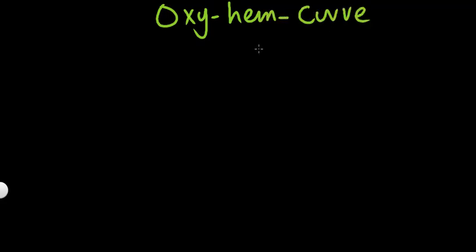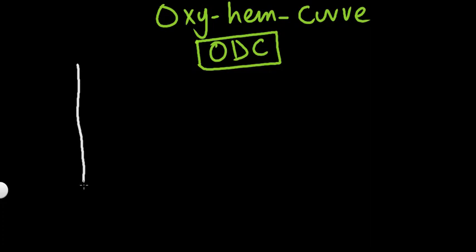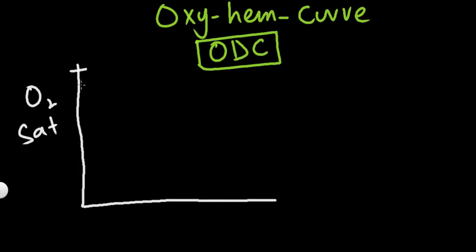Okay, so now what is the oxygen hemoglobin curve, or ODC, oxygen dissociation curve? This is a curve between oxygen saturation, this being the 100%, and this is your partial pressure of oxygen.